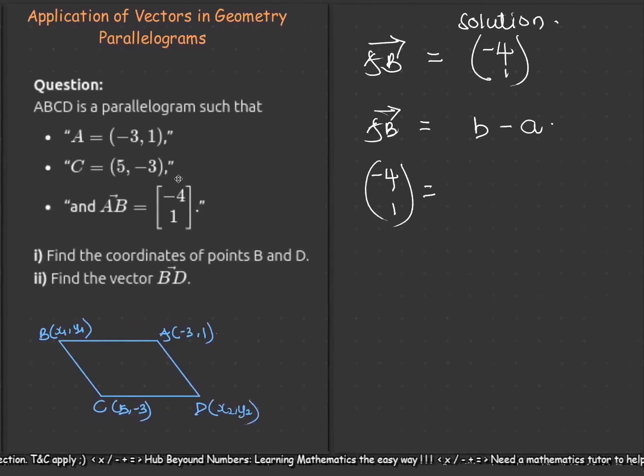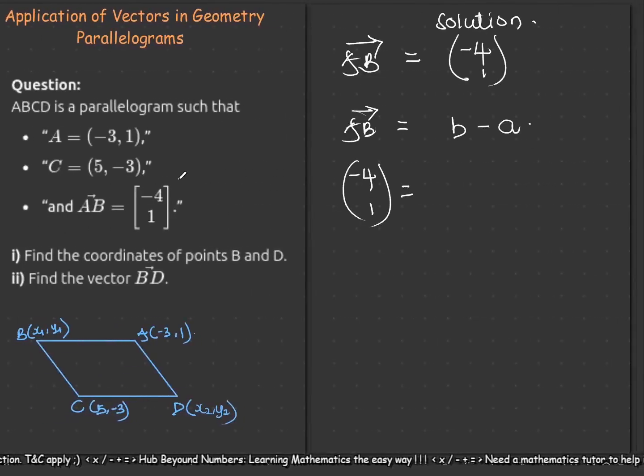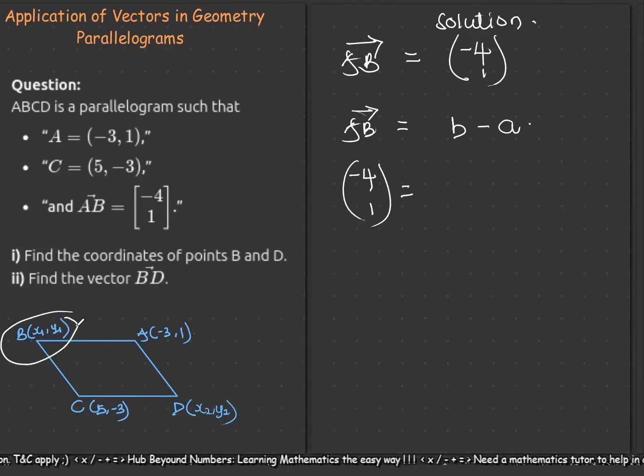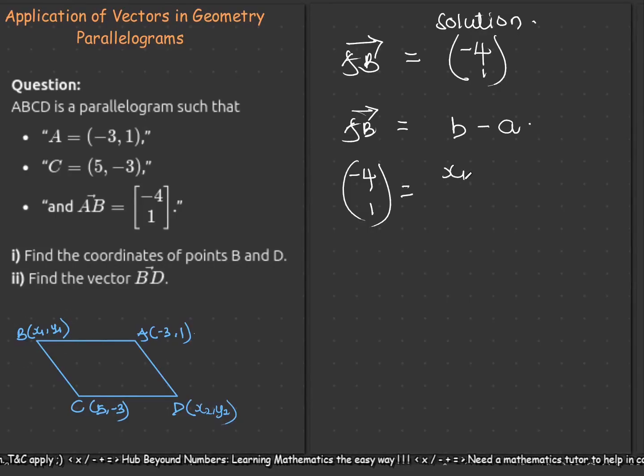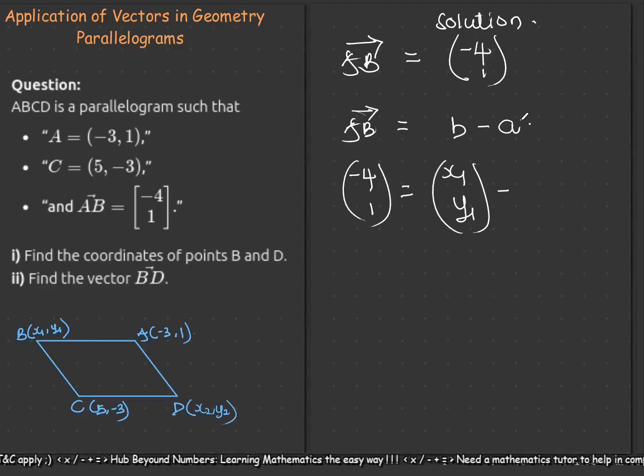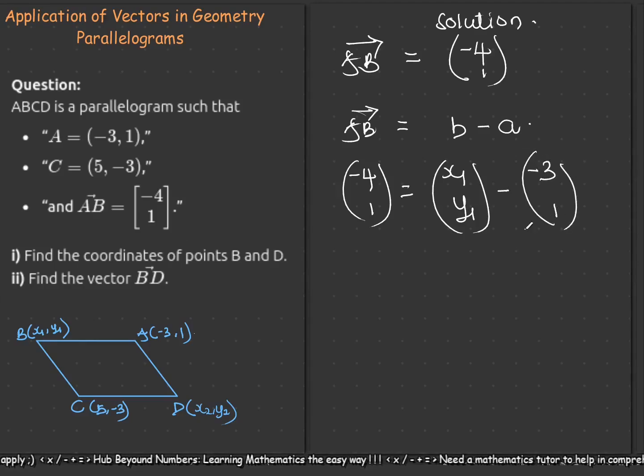Remember, we said our B was x1, y1, so x1, y1 minus the A, and our A was -3, 1.